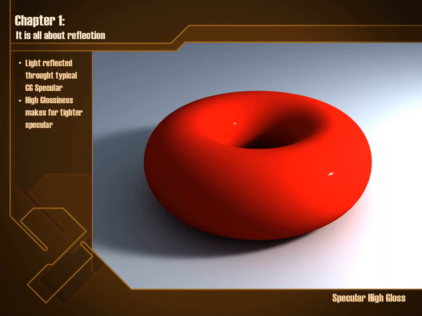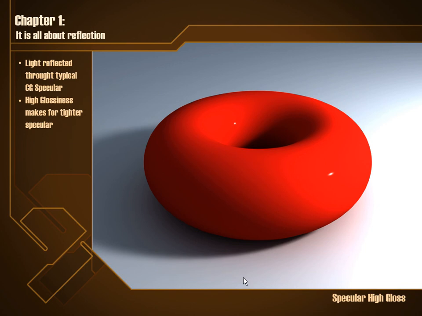Now what this is looking at is a very glossy looking torus, and I've created a specular highlight using traditional methods. This is a blend shader, and there's just a specular highlight of a light source over here. In CG, we accomplish this in the shader, but what that really is is the light source that's out there. And this is accomplished very quickly without any special treatment at all.